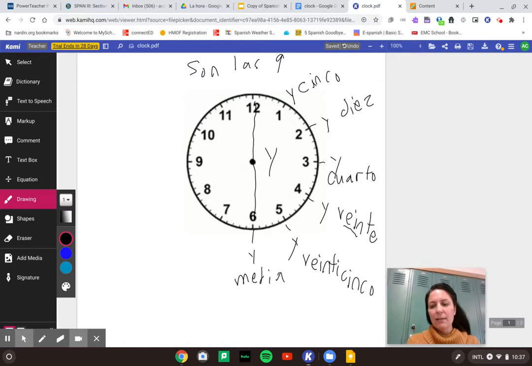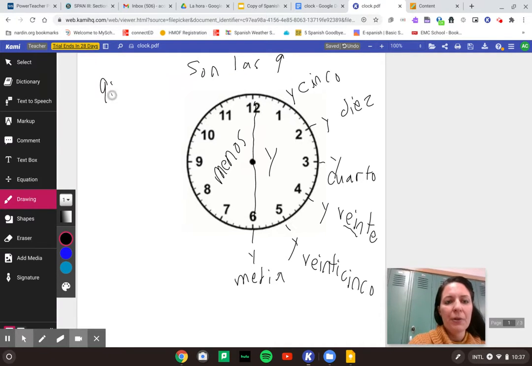Now this is where it gets a little tricky. This is where in Spanish, typically what we do is we're going to do subtraction now after, and we didn't get to go over this in class the other day. After about 30 or 35, we usually go to the next hour. So if we were talking about 9:35, for example, we want to go to the next hour, which would be 10.